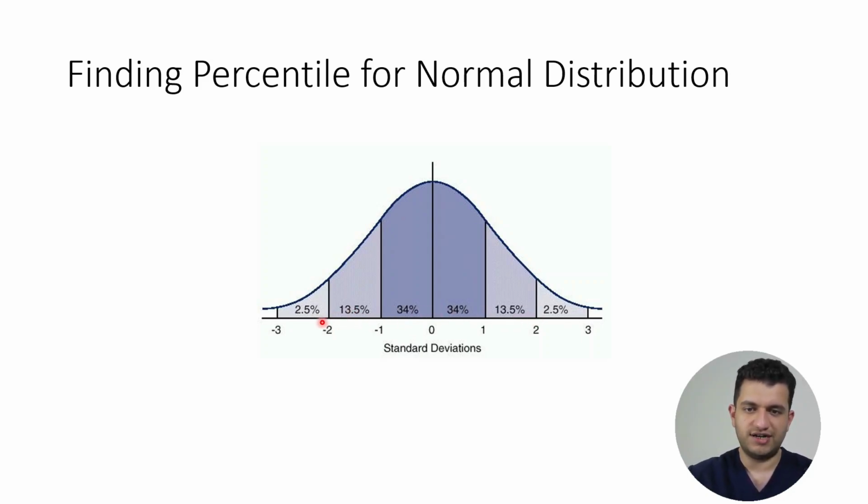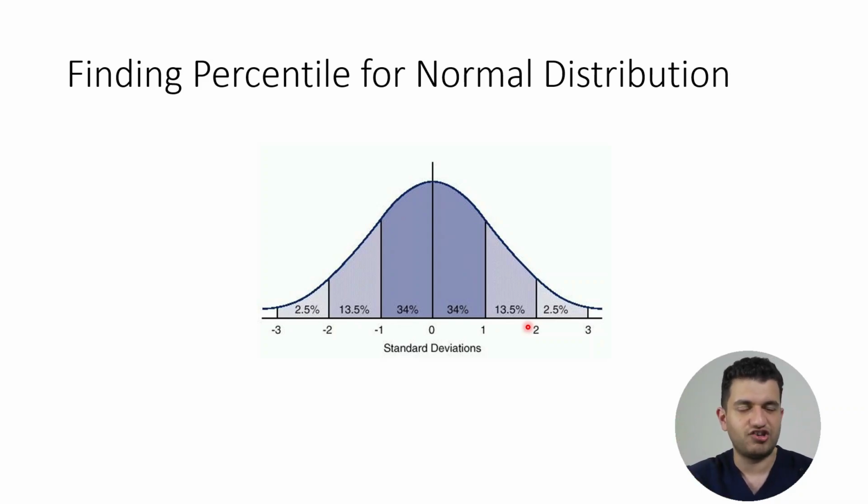And then you have 2.5 here. So if we look from 0 up to him, he's actually 97.5. Because there is this 95, and then there is this 2.5. So he is 97th centile or 97.5 centile, meaning he is more than 95, more than 96, and he is eligible for this medication.